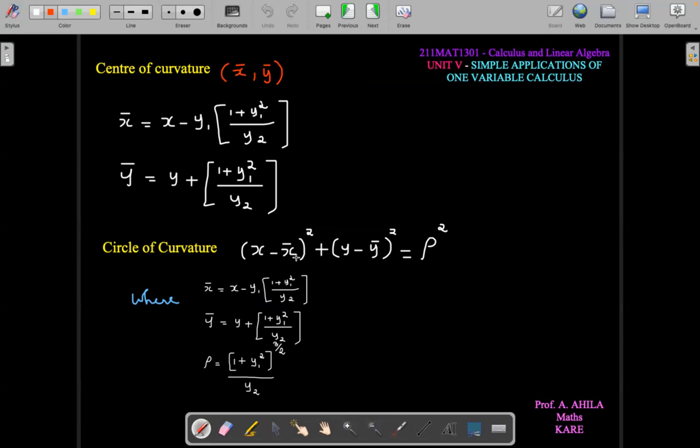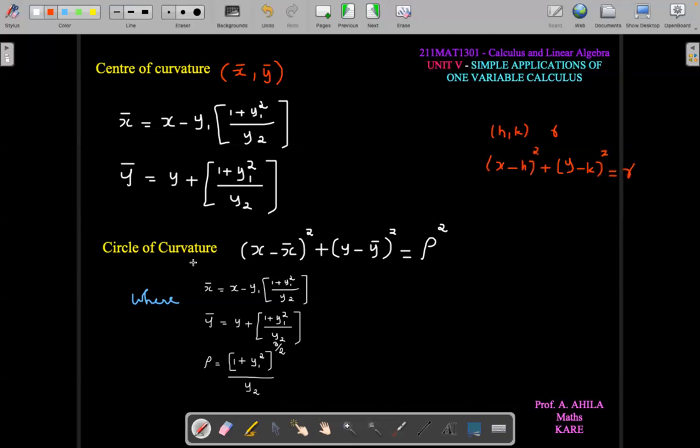Now, circle of curvature. Normally a circle with the center h comma k and radius r has the formula x minus h the whole square plus y minus k the whole square equal to r square. This is the formula in normal form.